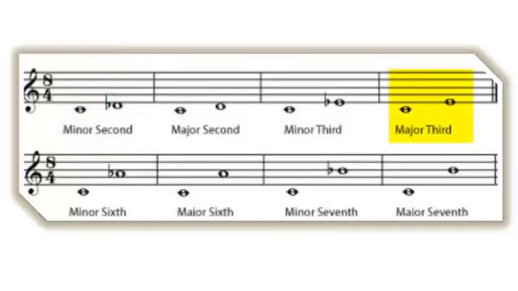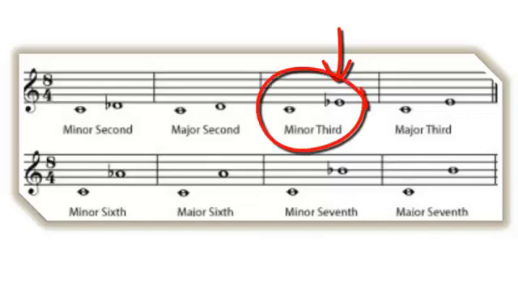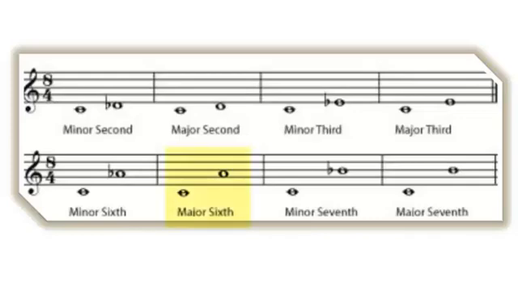A major third above C would be E. C to E is a major third. If we lower the E by a chromatic semitone to E flat, then C to E flat would become a minor third. Remember, fourths and fifths remain perfect. So we're going to skip right over fourths and fifths and go directly to the sixth.